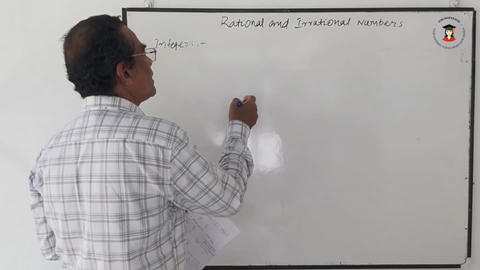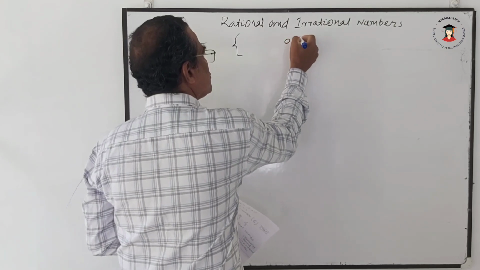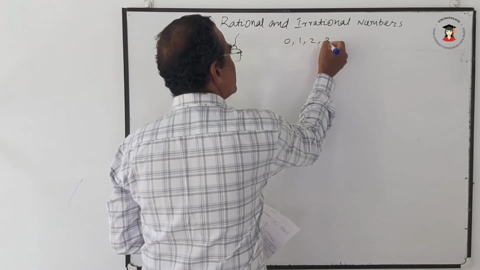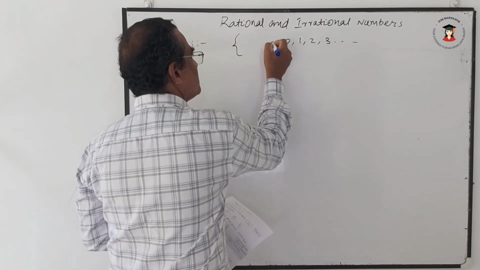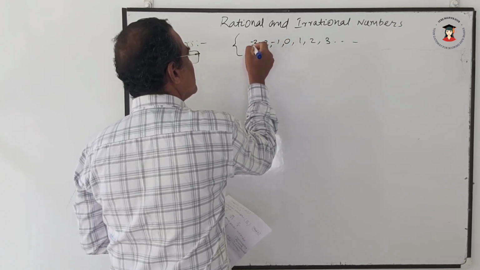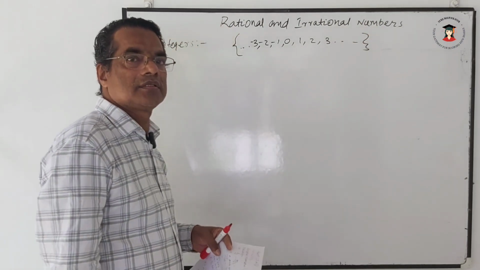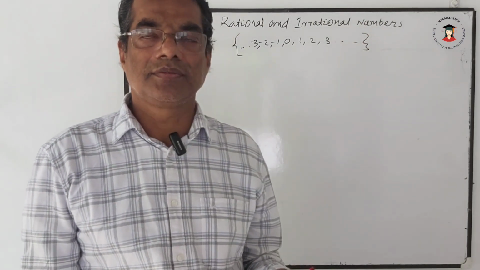Integers are the set 0, 1, 2, 3, etc. Then -1, -2, -3, etc. These are called integers.